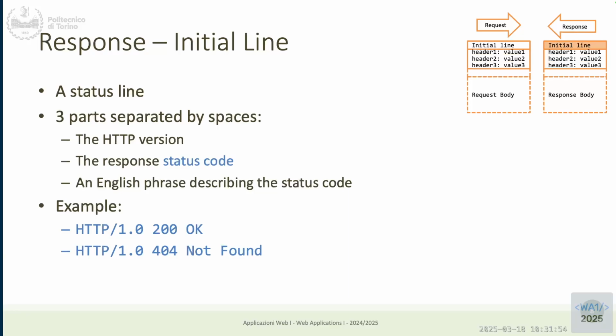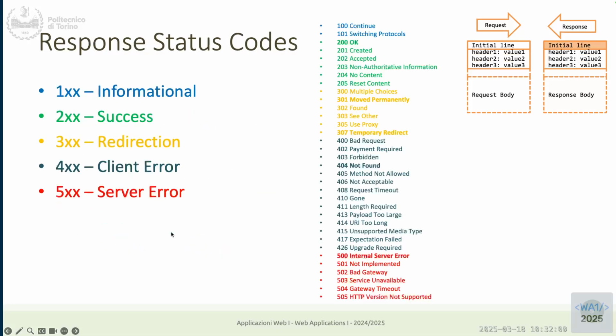The response also has a response line which contains basically a response code. Just remember that codes with the first digit equal to 2 mean success, and codes starting with 5 mean something was wrong in the execution of the call.